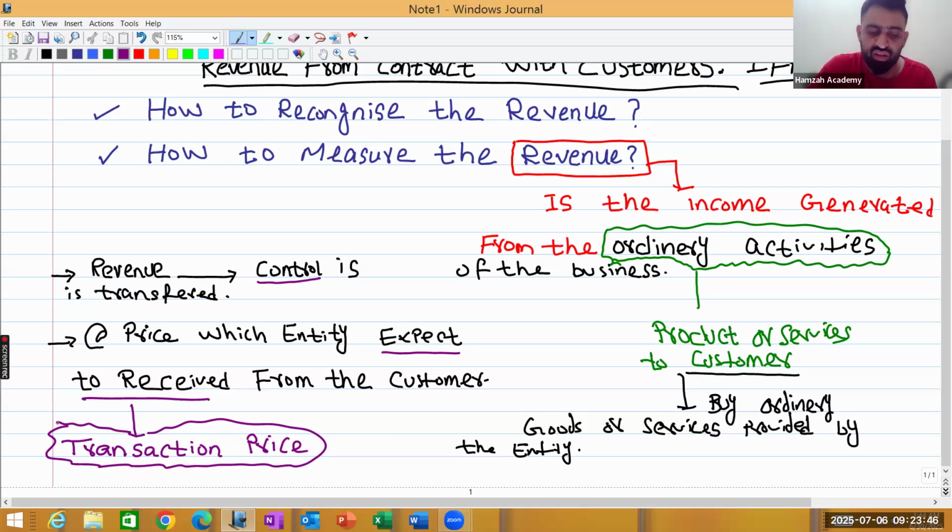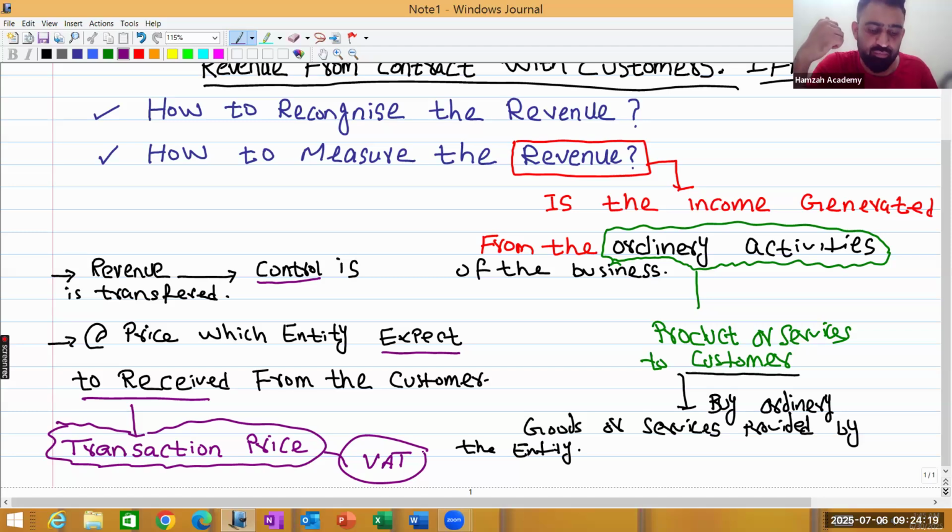But obviously, this transaction price does not include the amount which the entity has received from the customer as a third party. Like the transaction price does not include VAT, value added tax, because the VAT received from the customer is not the revenue of the entity.